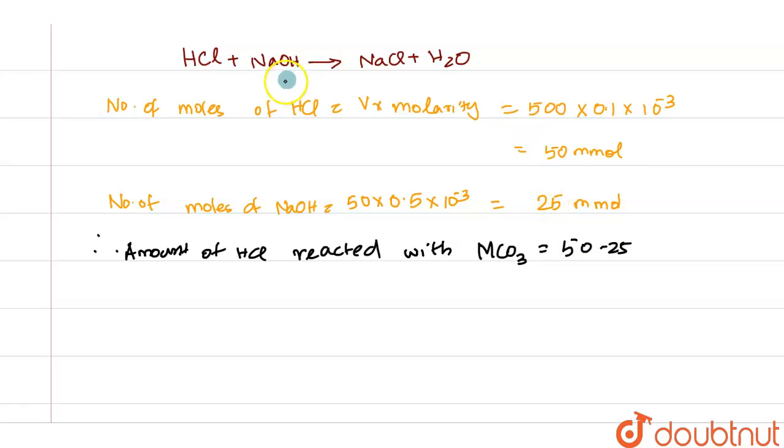From the reaction we can see, for 1 equivalent of NaOH, 1 equivalent of HCl is required. So if 25 millimole of NaOH is present, there should be 25 millimole of HCl, and only then the neutralization will happen. Then we have the remaining 25 millimole of HCl that reacted with MCO3, the metal carbonate.